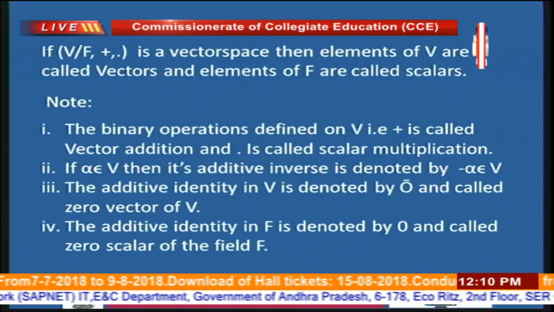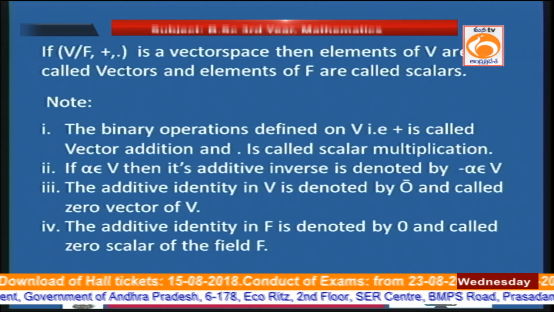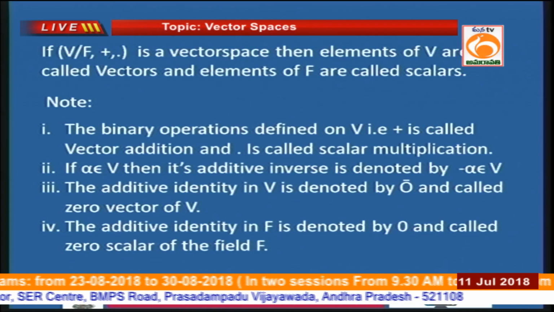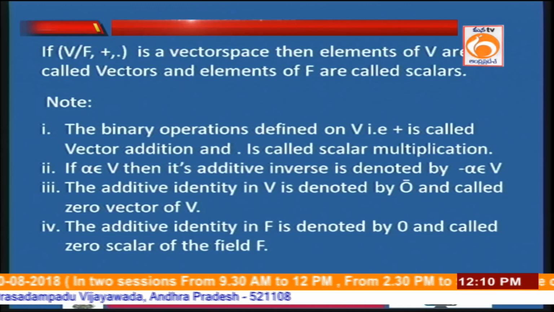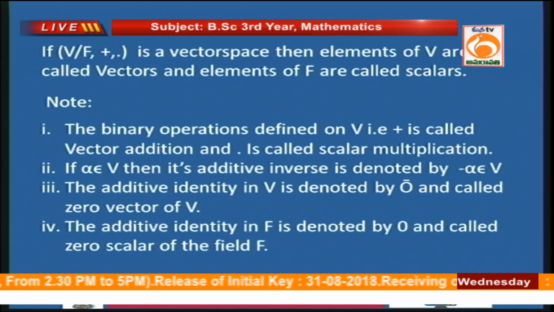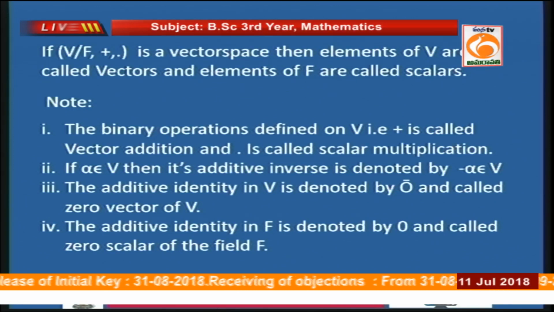The fourth point is, please note that F is a field. Field means it is a commutative ring with unity and every non-zero element having a multiplicative inverse. So, F also has an additive identity.